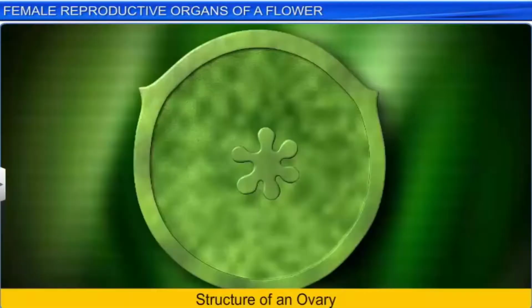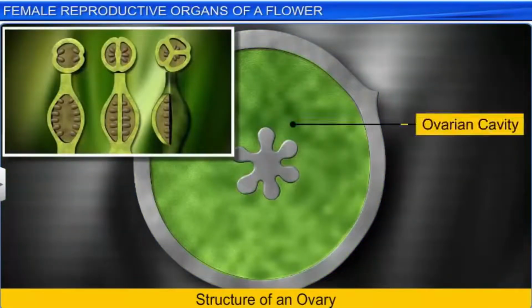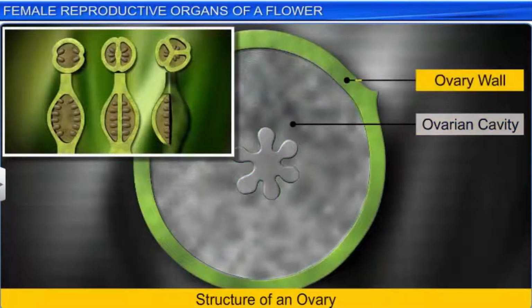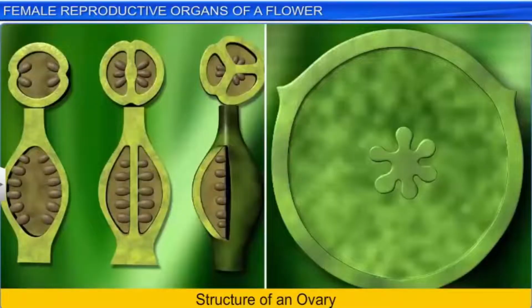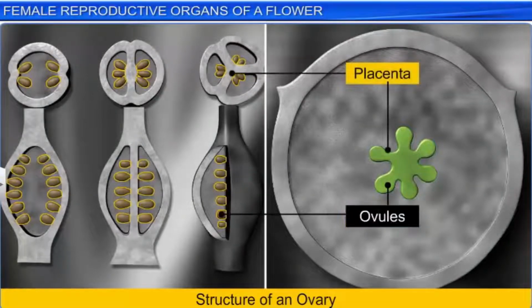Morphological studies of the ovary have revealed that it contains one or more cavities called locules, or ovarian cavities that are surrounded by an ovary wall. Within the locule, you will find ovules or megasporangia that are attached to the ovary wall in a region called the placenta.